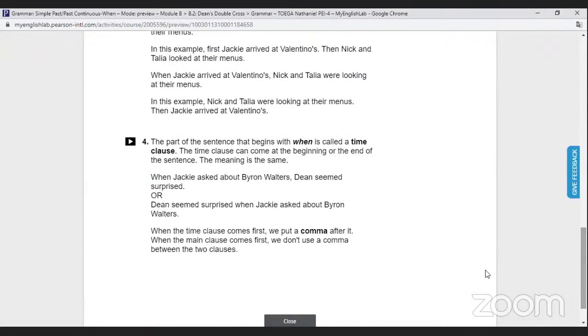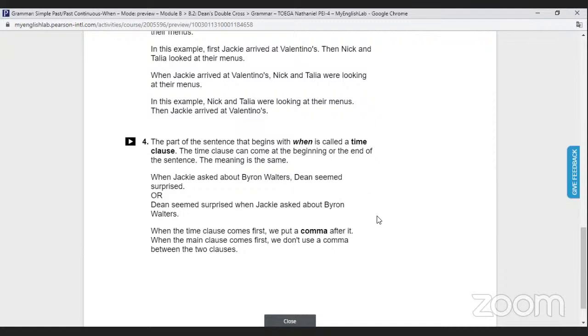Number 4, we have this. The part of the sentence that begins with when is called a time clause. The time clause can come at the beginning or the end of the sentence. The meaning is the same. Also, we can see the punctuation in this part.